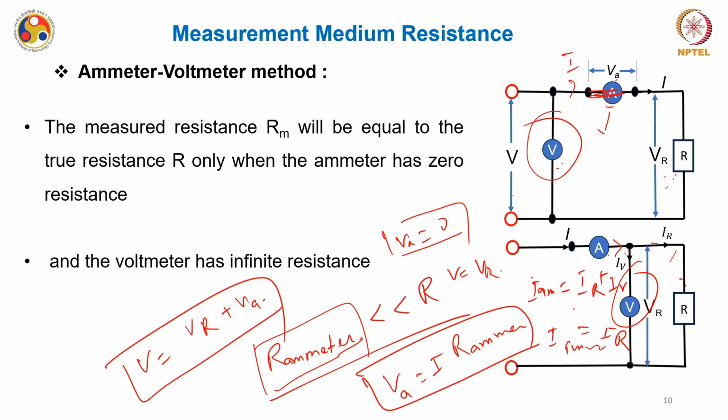So the measured resistance Rm will be equal to the true resistance R, which we have seen it is not, but this can be equated under the condition that the ammeter has zero resistance while the voltmeter possesses infinite resistance.